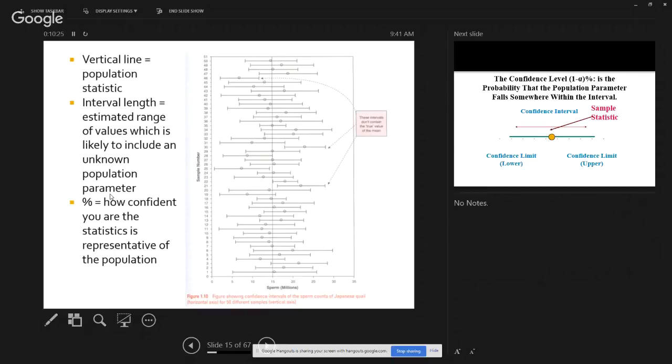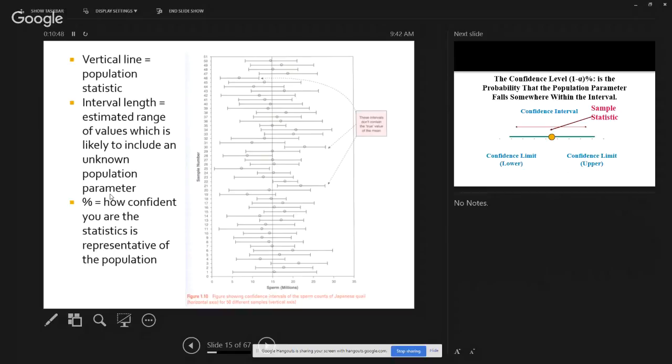Anyway, vertical. So the vertical is the population statistic, meaning that in the population, the average, the mu, is 15 million sperm per, I don't know what, per gram. I'm not sure how that is.